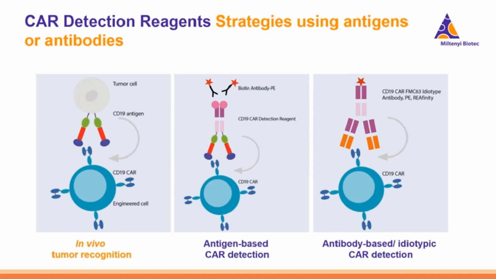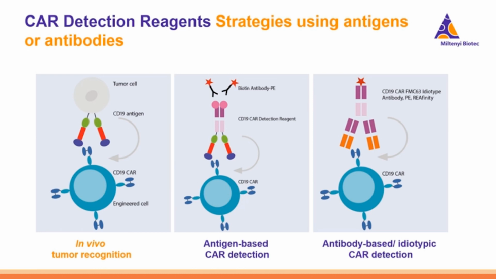There are different suitable strategies for CAR detection, for example antigen-based or antibody-based idiotypic CAR detection. As you can see, the principle of antigen-based CAR detection is very similar to in vivo tumor recognition. Our antigen-based CAR detection reagents consist of the CAR target protein, for example CD19, fused with a biotin-labeled mutated Fc backbone eliminating background signal.